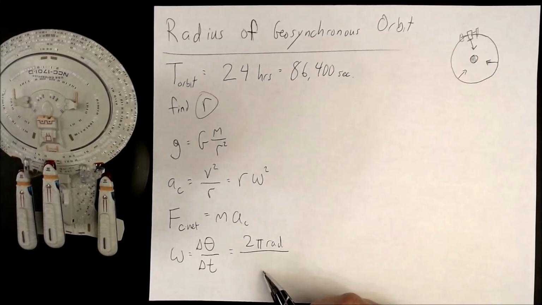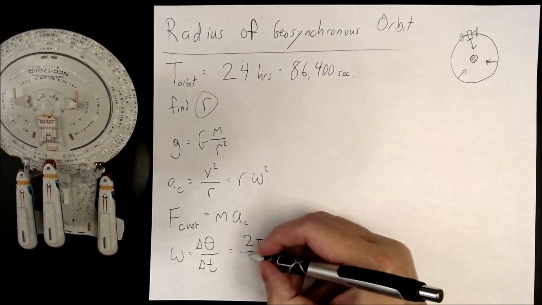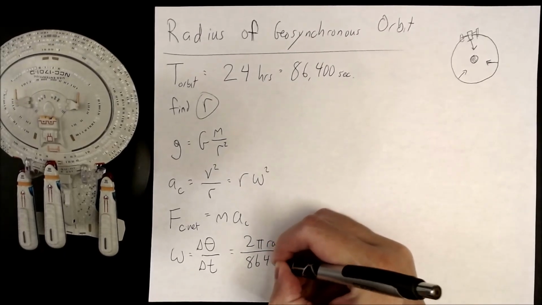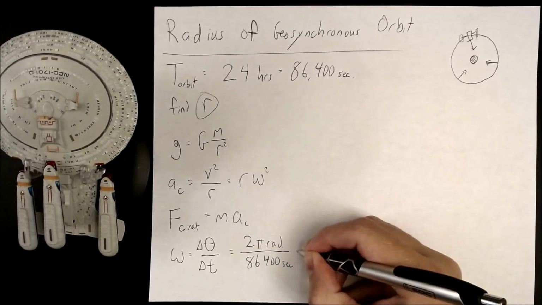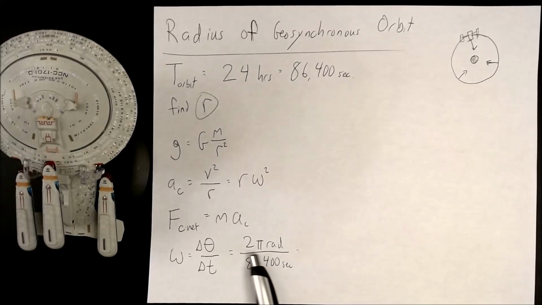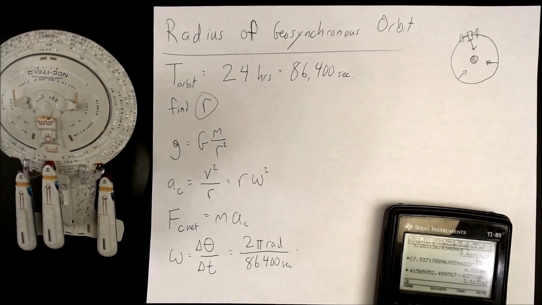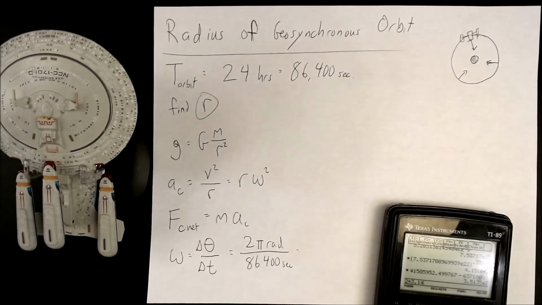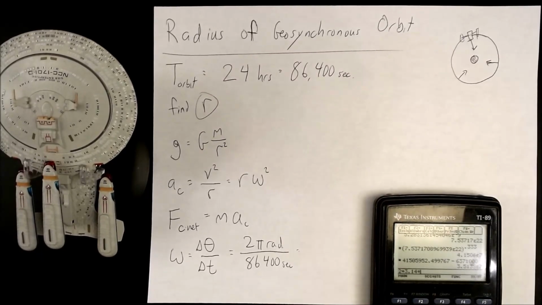But I can't put one day down here. What should I put? I need 86,400 seconds. When I calculate this out, I'm going to get radians per second. So 2 times pi divided by 86,400 seconds gets us a tiny number.